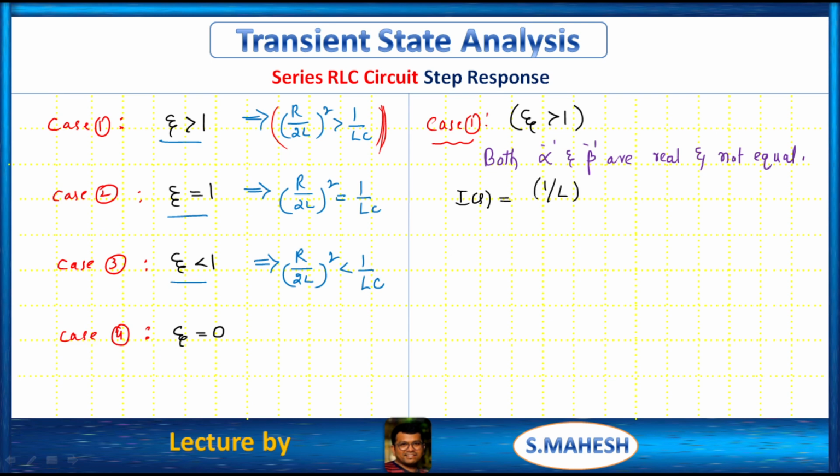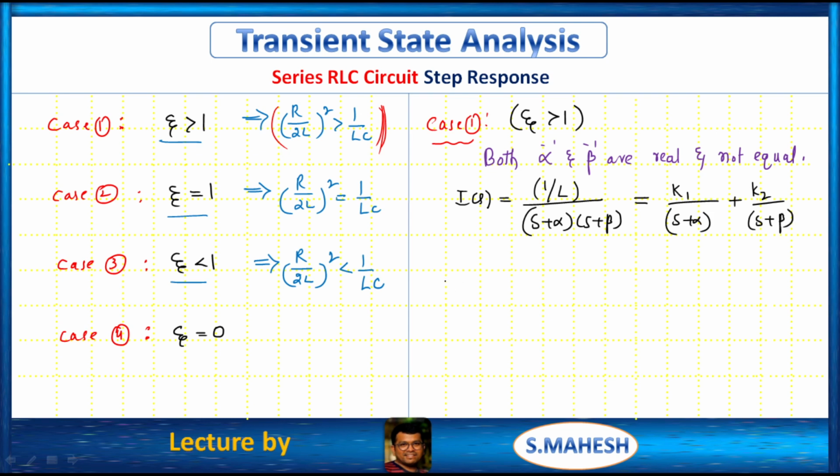One by L by S plus alpha into S plus beta, right? By using partial fractions, we can write that as K1 by S plus alpha plus K2 by S plus beta.